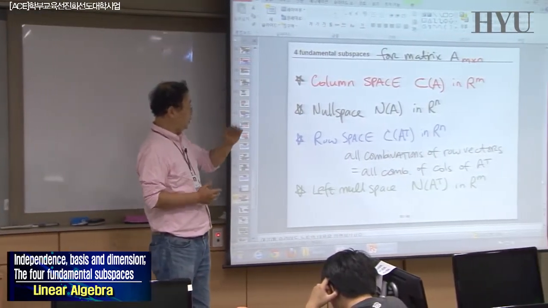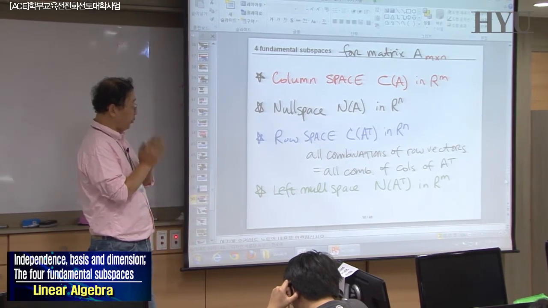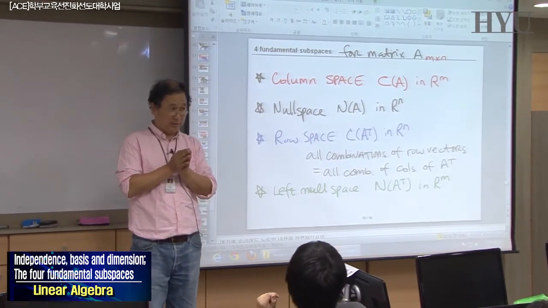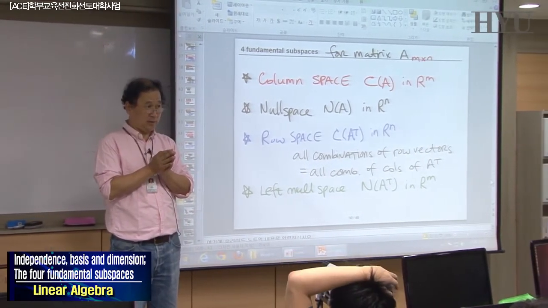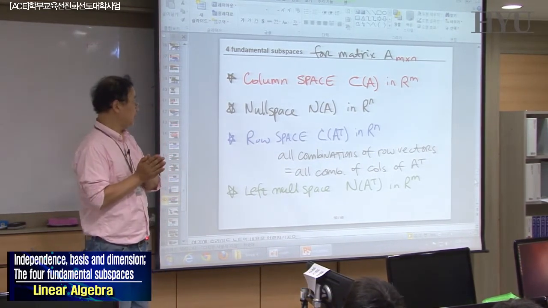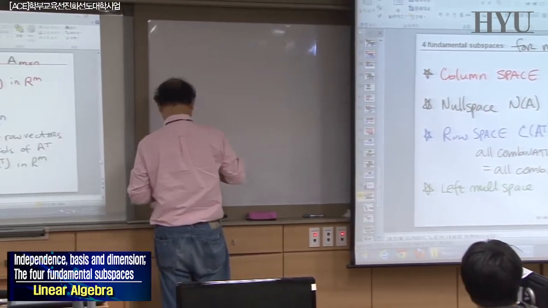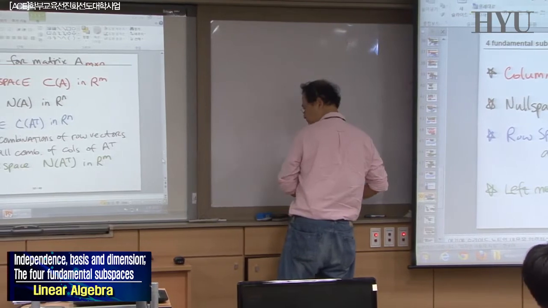Okay? So column space, right? The column space is formed by column vectors, right? We can say it is spanned by column vectors, right?